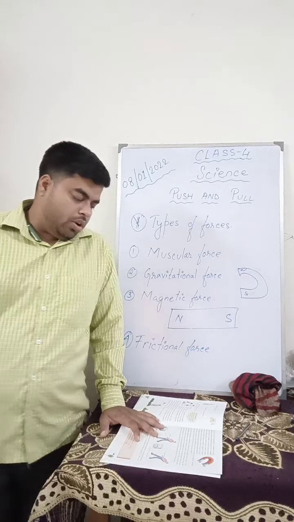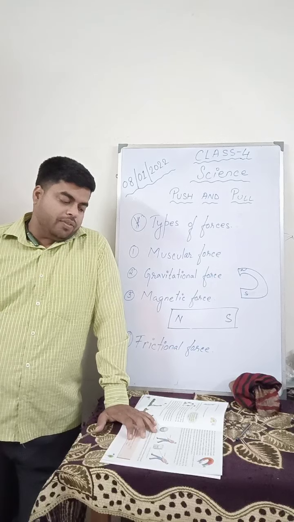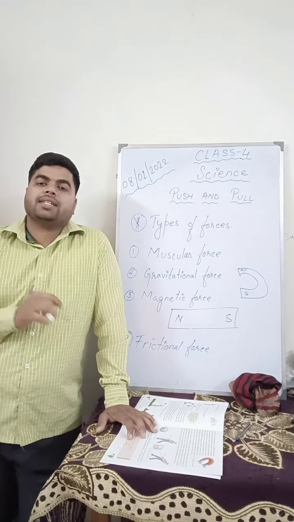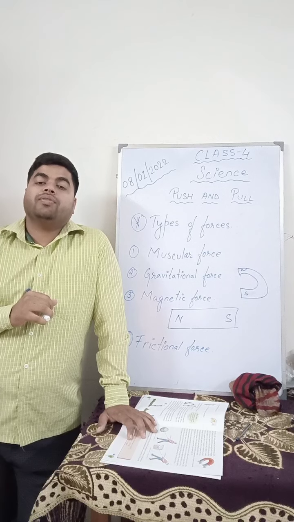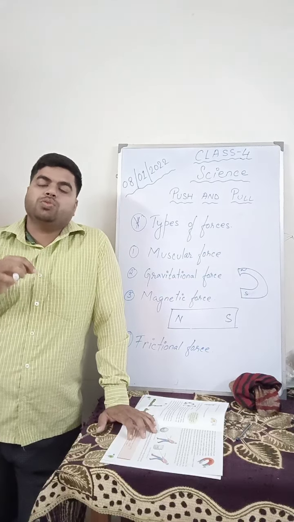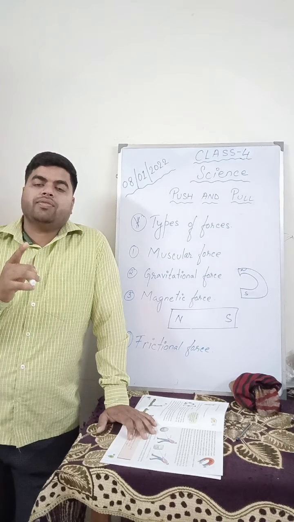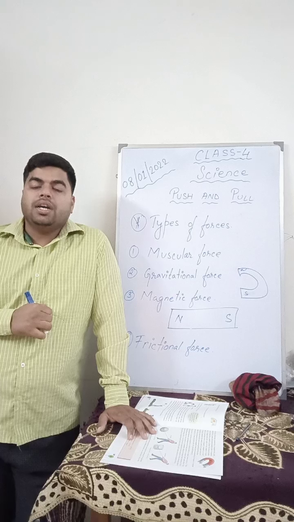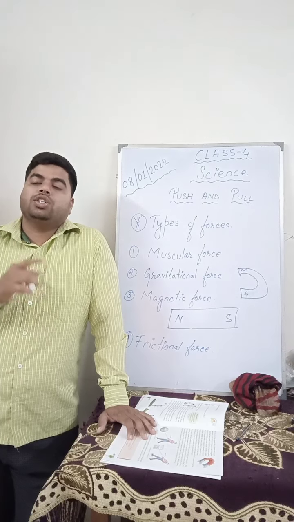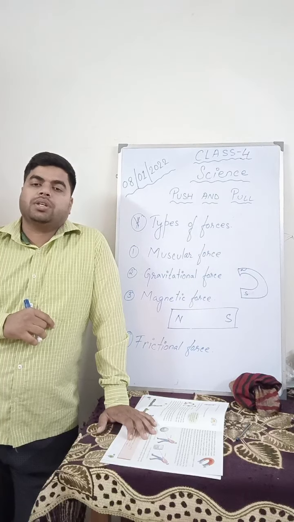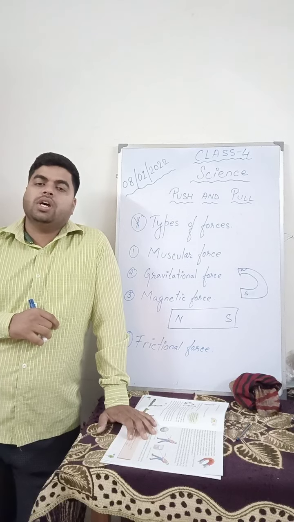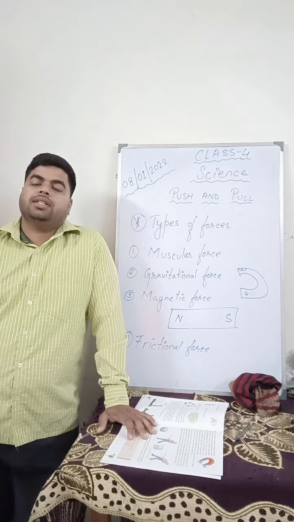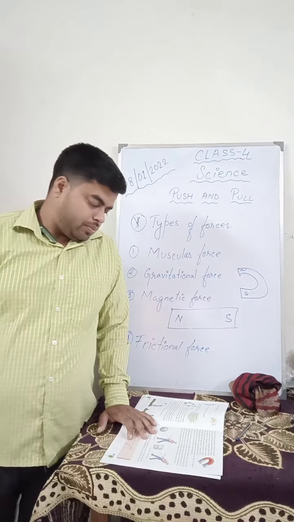It always acts in the opposite direction of the moving object. If the moving object is moving towards the north, the frictional force will act towards south. If the moving object is towards east, the frictional force will act against that direction.